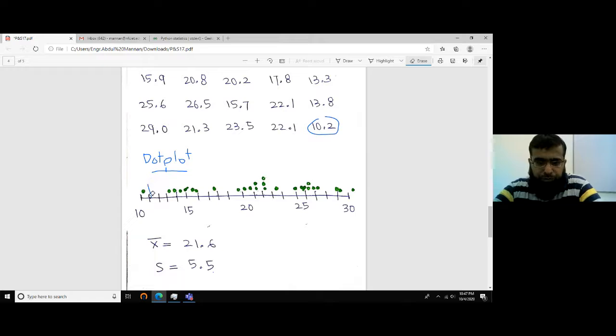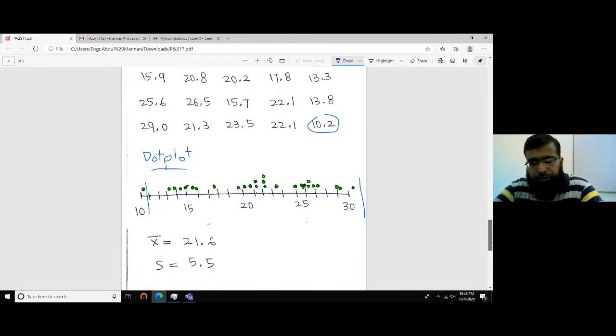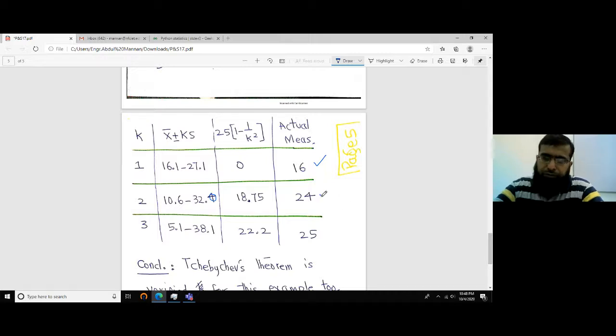Only one measurement is out of this range. So we actually have 24 measurements, a lot more than 19. This means that Chebychev's theorem is verified even for k equal to 2.